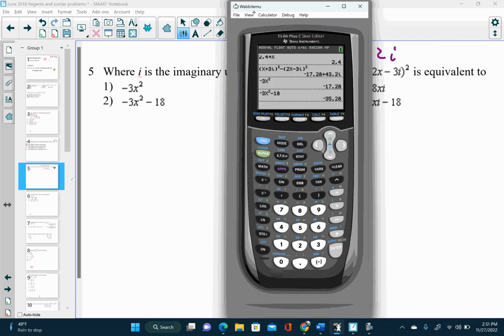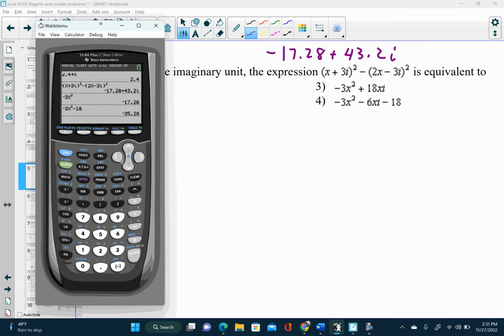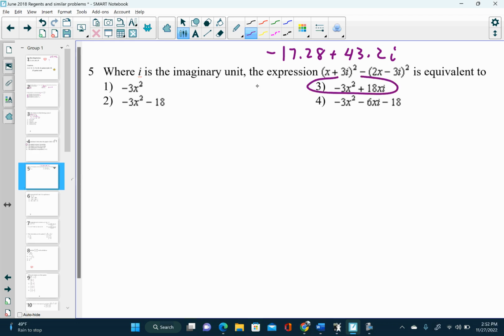So I'm going to go over here, so it's not 1 or 2. I'm being a little bit lazy. I'm going to go ahead and grab this, hit enter. I need to change this right here to a plus sign. I have the 18 already, and I'm going to put x and i, hit enter. Oh, look, that's the same thing as the one on top. So boom, my answer is 3. I could plug in the fourth one, and you can see that it does not work as well.